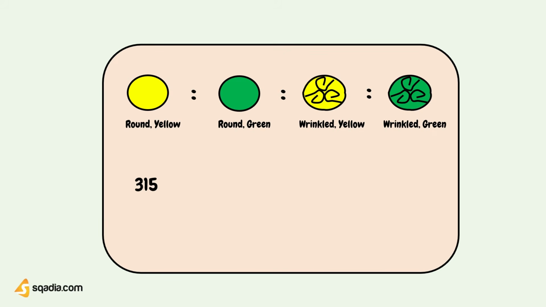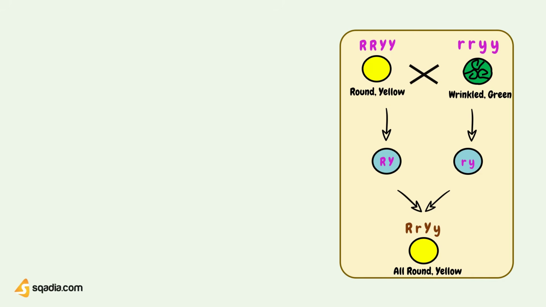There were 315 round yellow seeds, 108 round green seeds, 101 wrinkled yellow seeds, and 32 wrinkled green seeds. The ratio of these phenotypes was 9:3:3:1.